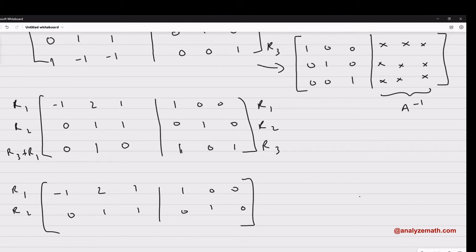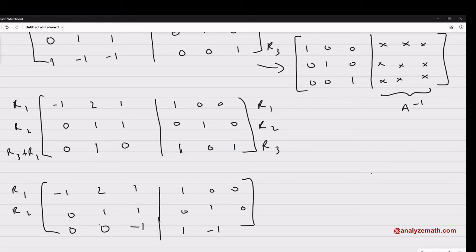Now R3 minus R2, remember we want 0 here: 1 minus 1 gives 0, 0 minus 0, 1 minus 1, 0 minus 1, 1 minus 0, 0 minus 1, and 1 minus 0.